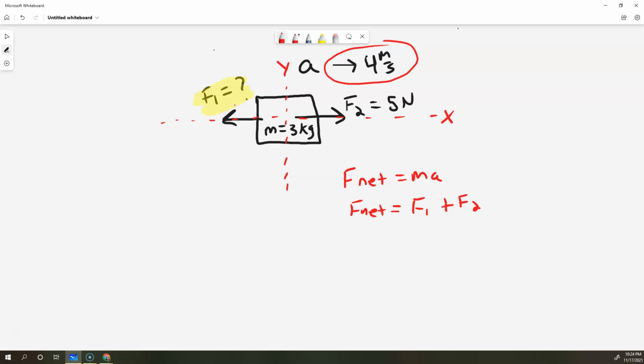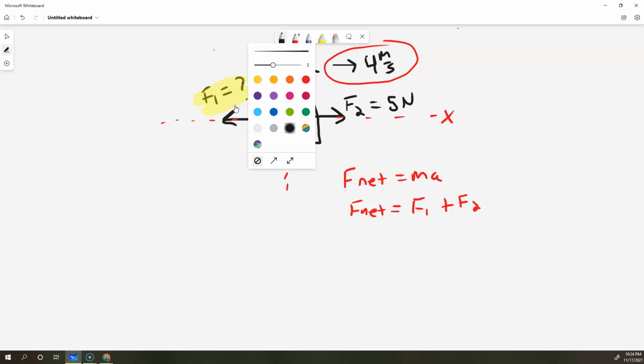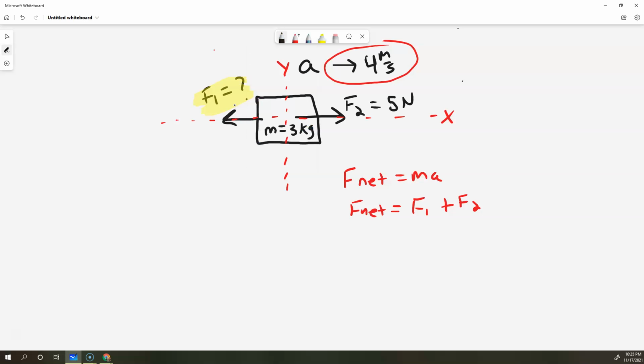Just for giggles, let's call to the right negative. And let's do this step right now where I'm going to transfer this to now say MA equals F1 plus F2.